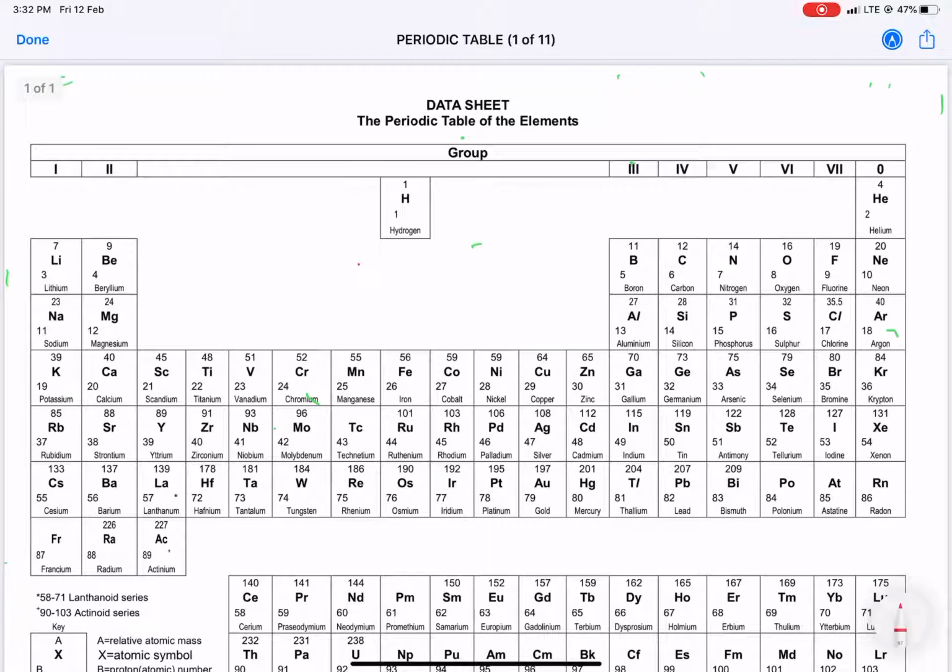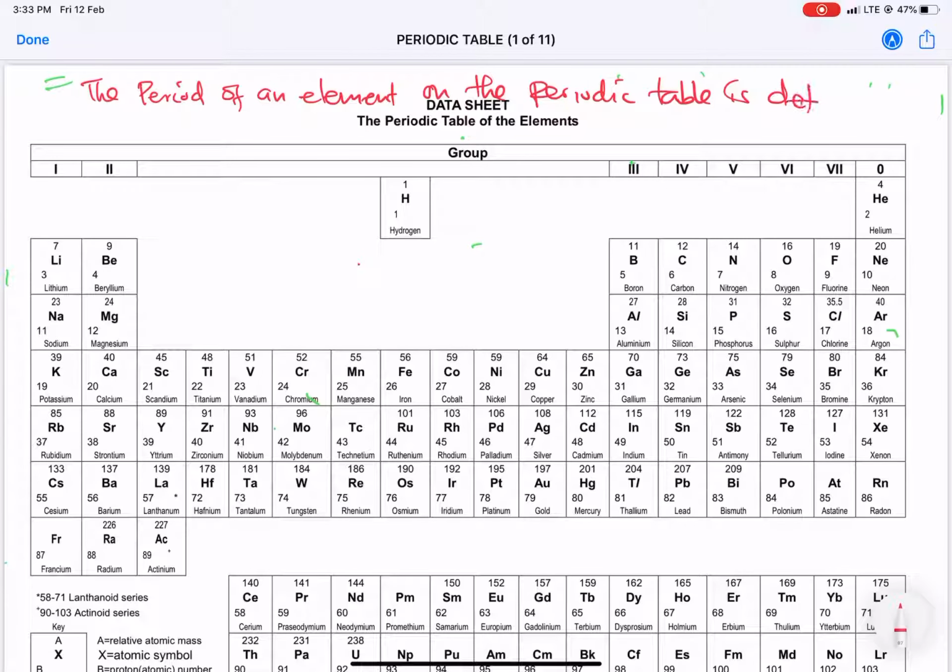The period of an element on the periodic table is determined by the number of shells. Okay, it's determined by the number of shells.